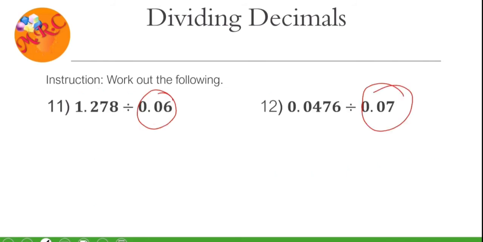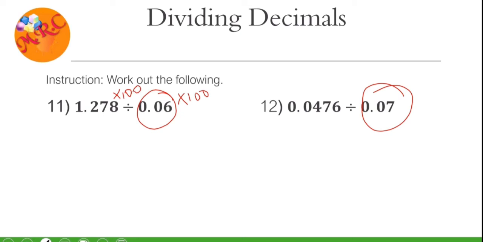If it's 2 digits, what are we going to multiply by this time? Oh, 100. Well done. So we're going to multiply here by 100. And if I multiply 0.06 by 100, I need to also multiply 1.278 by 100.